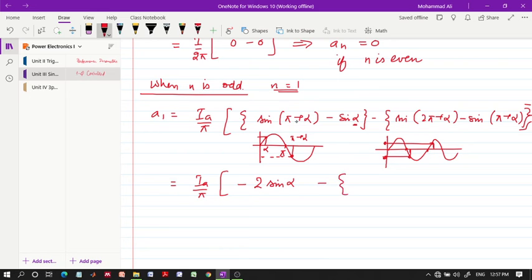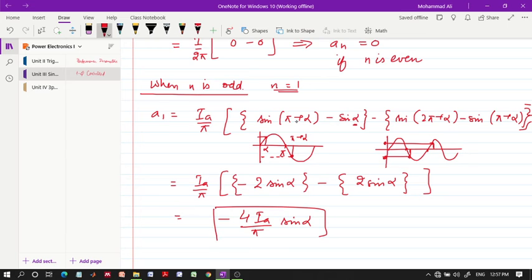So this will become twice of sine of alpha. So what this should become? This should become minus of 4 times Ia upon pi sine of alpha. Now this is when we are having n is equal to 1.